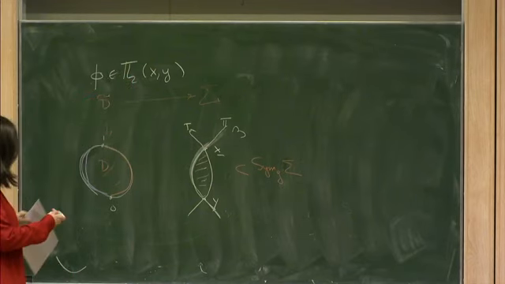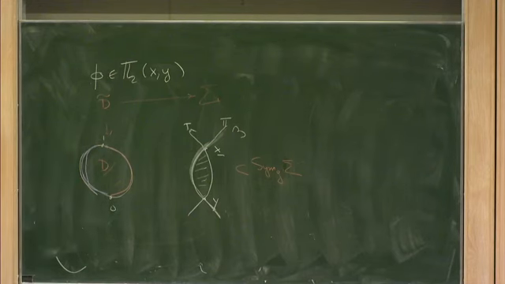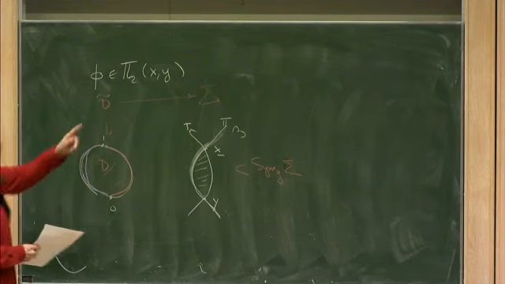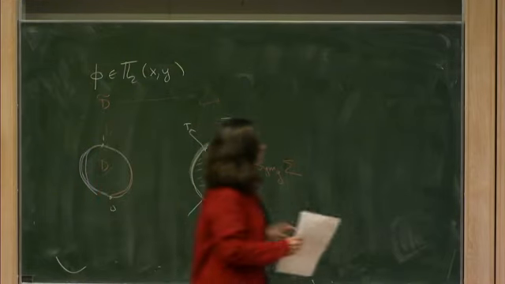So these branch covers are surfaces with some number of arcs, pairs of points in them, and we're looking at a map.